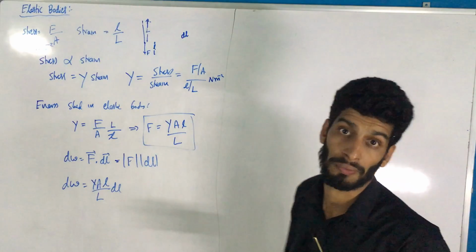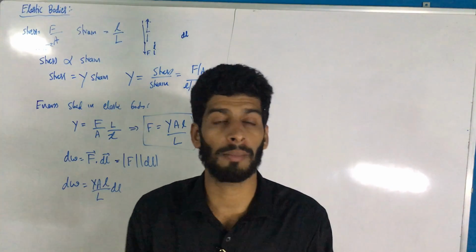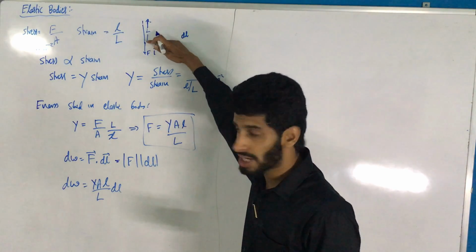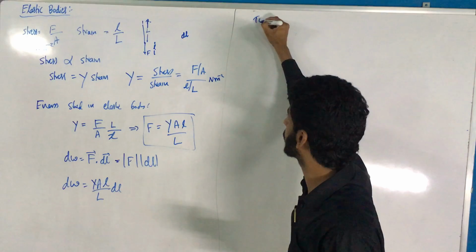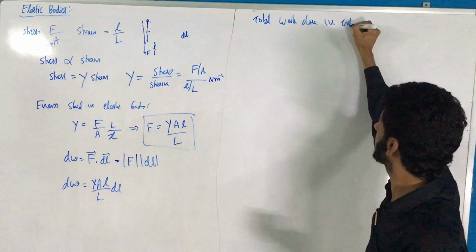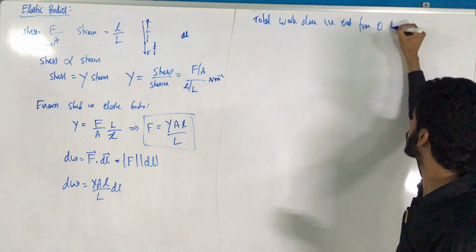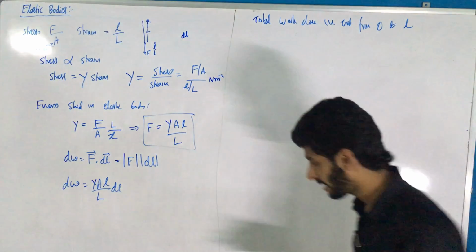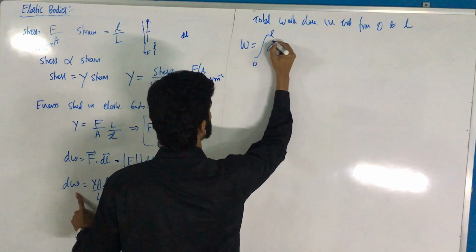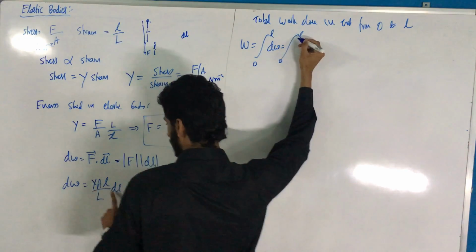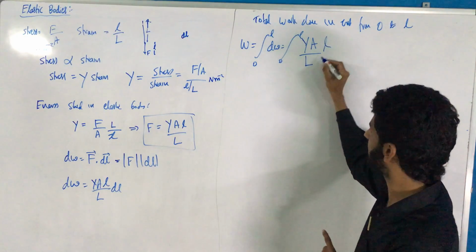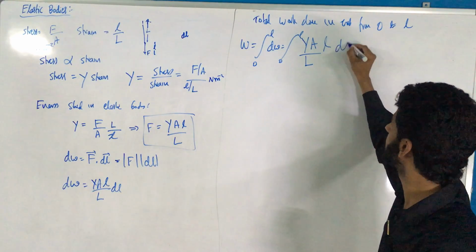But my intention is to find out the total work done in extending this elastic body from 0 to l. So total work done in extending from 0 to the full extension length l is W equal to the integration from 0 to l of dW. dW is capital Y, capital A divided by capital L, times small l times dl.